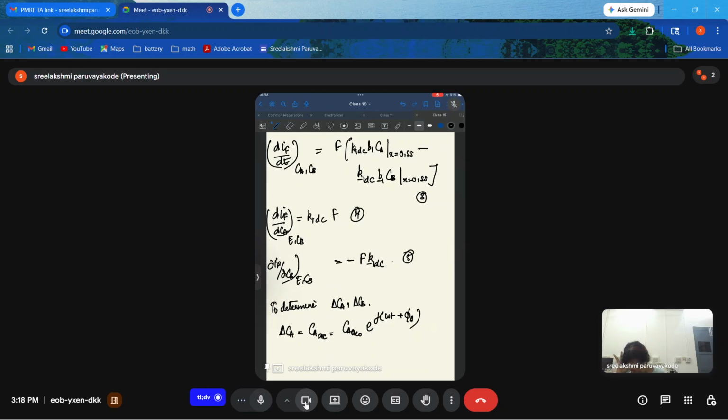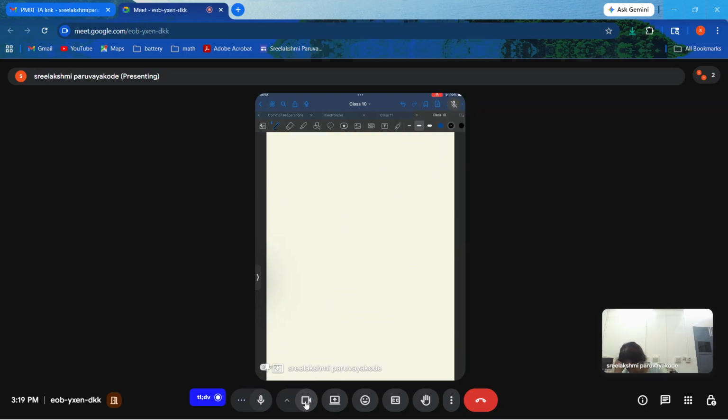Now CA C naught becomes a function of gamma and omega, which is proportional to EAC naught. Same way phi a is also a function of chi and gamma. It's independent of EAC naught as long as EAC naught values are small. So it is with that condition when we are writing, we need C naught at x equal to 0.